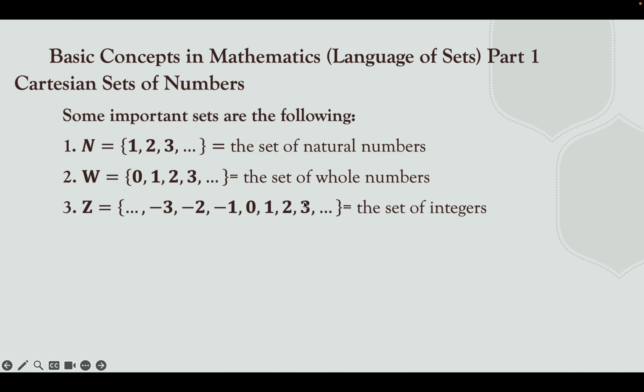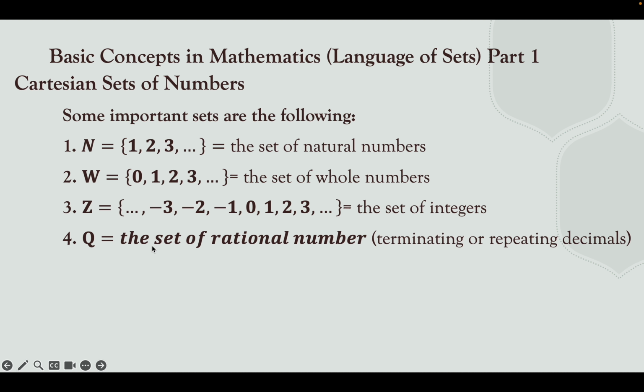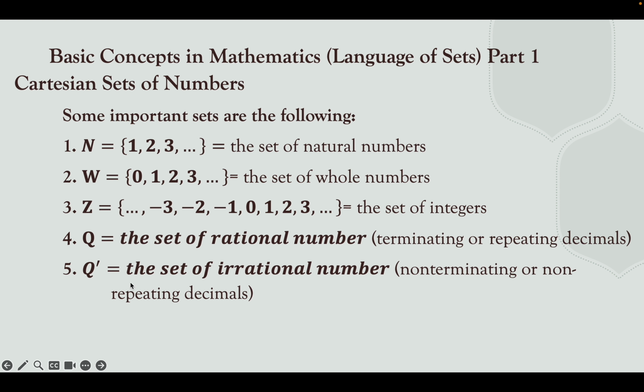Then the set of integers, which includes negative integers and positive integers, is represented by capital Z. The Q here is the set of rational numbers. Rational numbers are the terminating and repeating decimals. And we have here Q complement, the set of irrational numbers, or the non-terminating and non-repeating decimals.